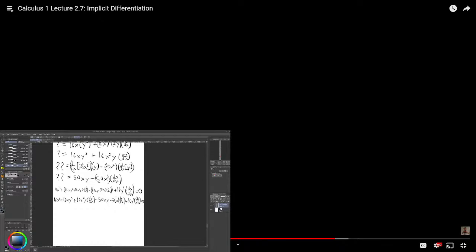So I'm thinking move every term with dy/dx to the left, and every term that doesn't have it to the right.